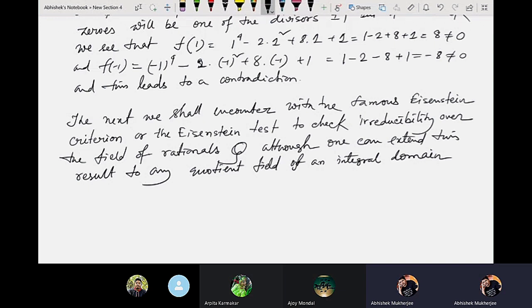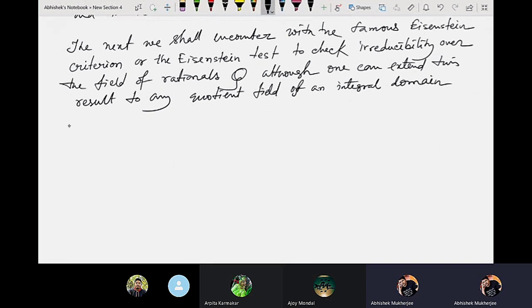But we are looking for the result here only on the field of rationals. So what is the statement? So this is called Eisenstein's test for irreducibility.